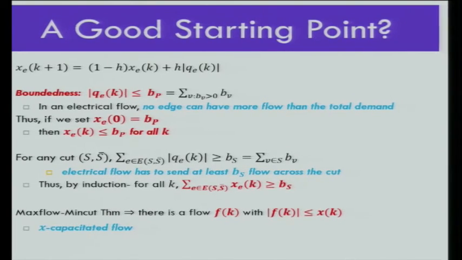So our choice of initial vector is such that we have the existence of such a flow at any given time. Okay, so this is all like black magic.